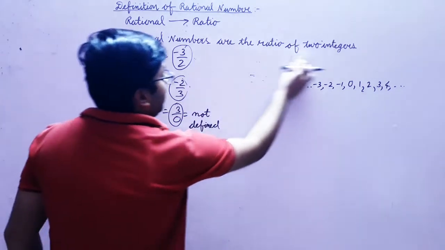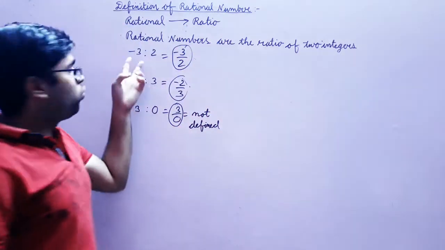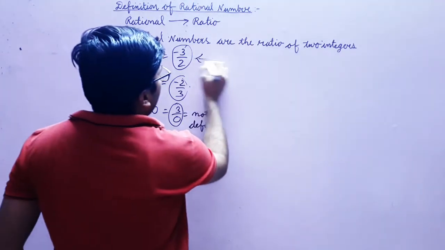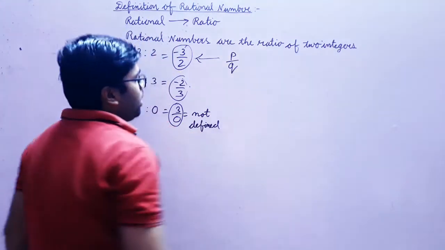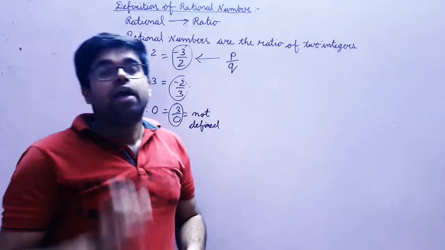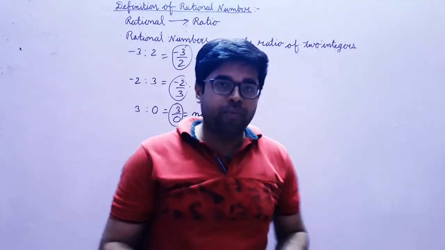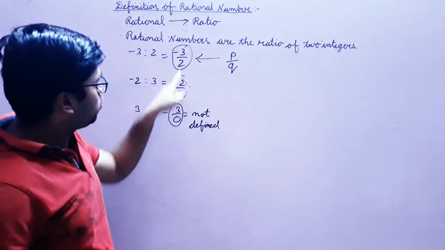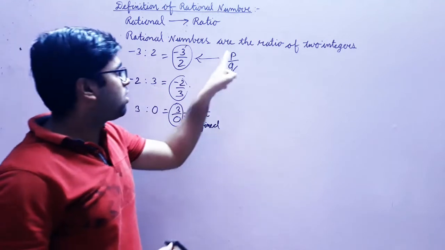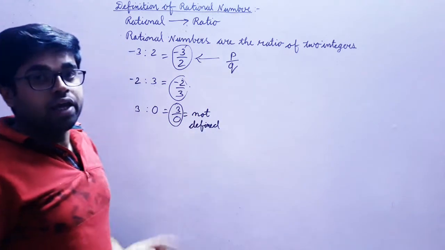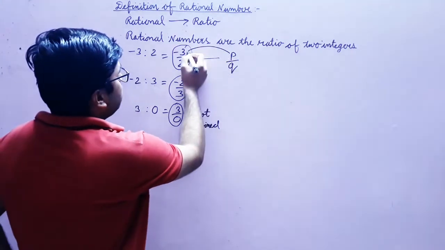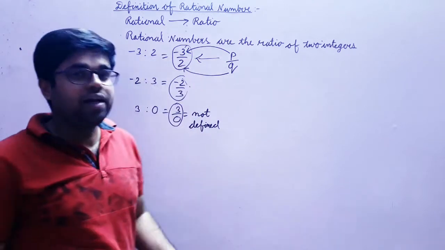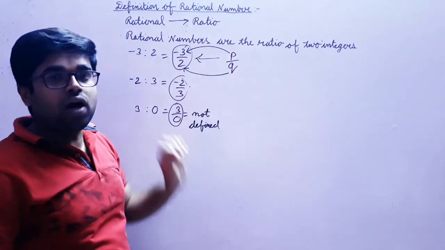Now whenever we write the ratio of two integers in this form to get a rational number, this form is known as the form P by Q. We know that rational numbers are written in this form. So we'll say that rational numbers are the numbers which are written in the form P by Q, where P denotes the upper number and Q denotes the lower number, and both the numbers are integers. So that means both P and Q are integers.